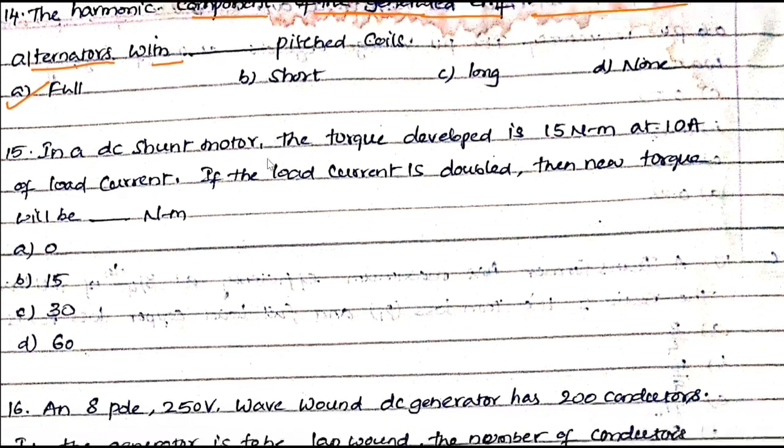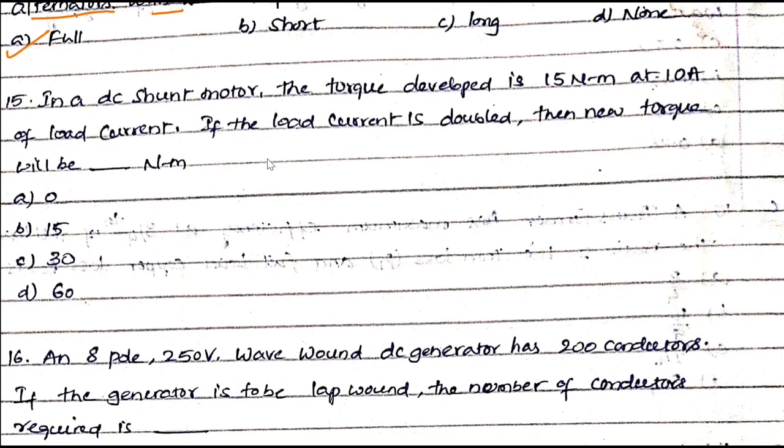Next one, in a DC shunt motor, the torque developed is 15 Newton meter at 10 amperes of load current. If the load current is doubled, the new torque will be? Simply, in the DC shunt motor, the torque is proportional to Ia only, right? So T2 by T1 is equal to Ia2 by Ia1.